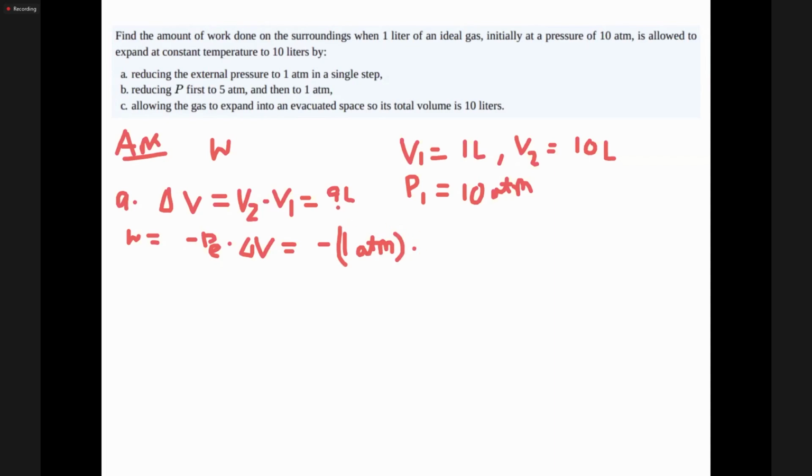Also, we have delta V calculated from the last equation, which is 9 liter. So I guess you are wondering how we can carry out this kind of numerical problems by dealing with each and every term that is given to us. And now with this simplified equation, W is equal to minus P external delta V, we will calculate the work done.